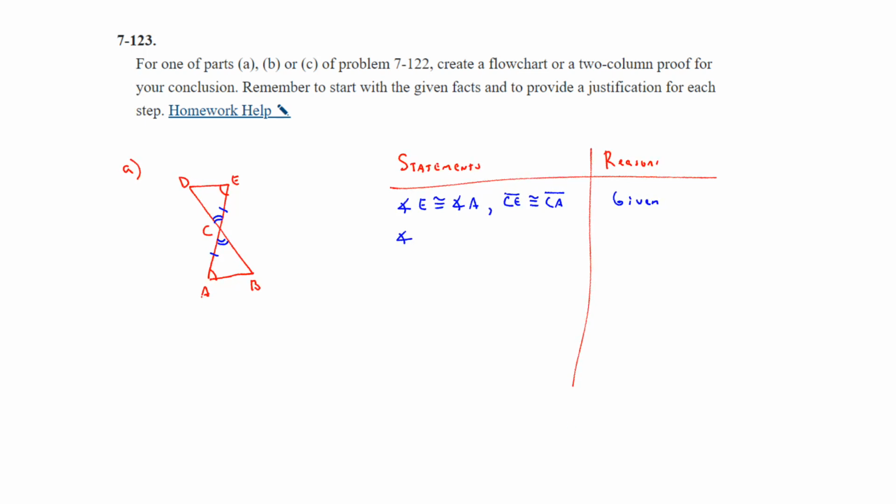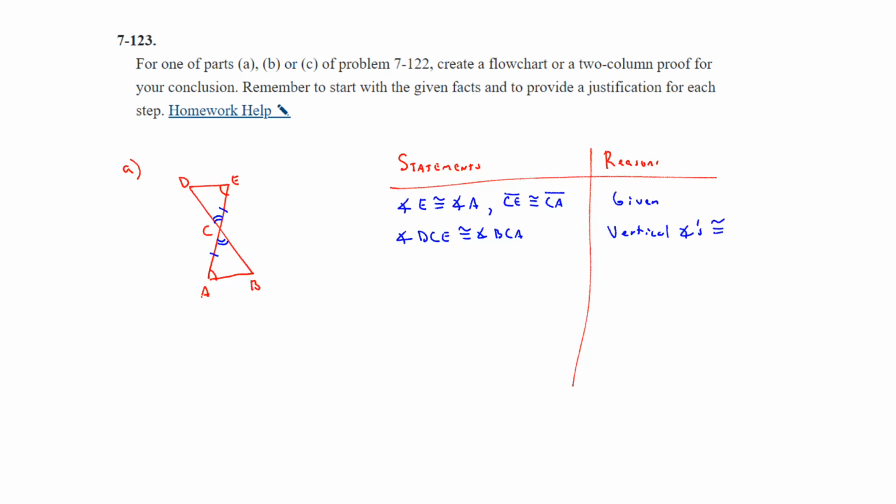We can't just say angle C. We've got to make sure we're using 3 letters on this one because there are multiple angles at that point. So we will go with angle DCE is congruent to angle BCA, and that is because of vertical angles being congruent.